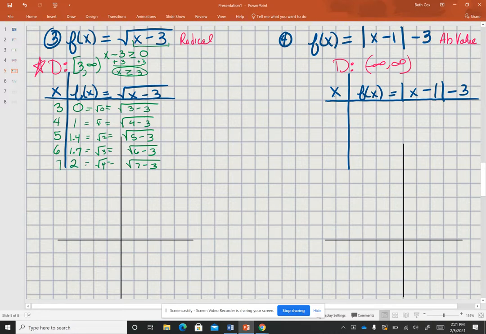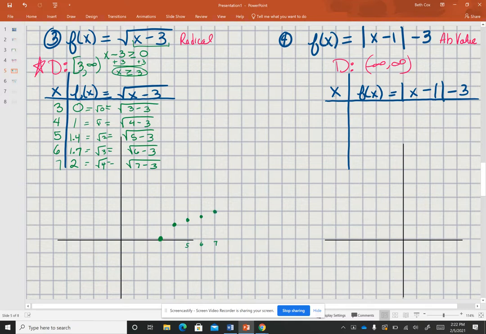Okay, so now these are my points: 3, 0. There's 3, 0. 4, 1. 5, here's 5, and I go 1.4. 6 and 1.7. And 7 is 2.